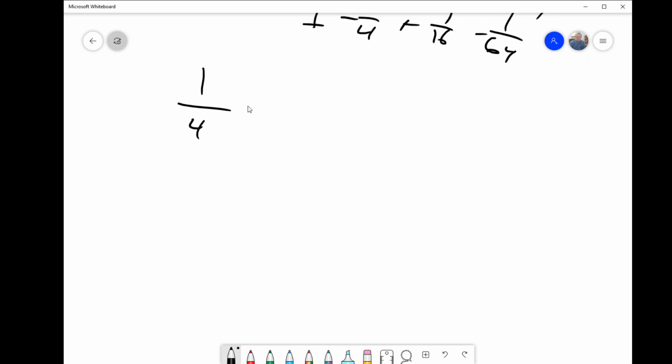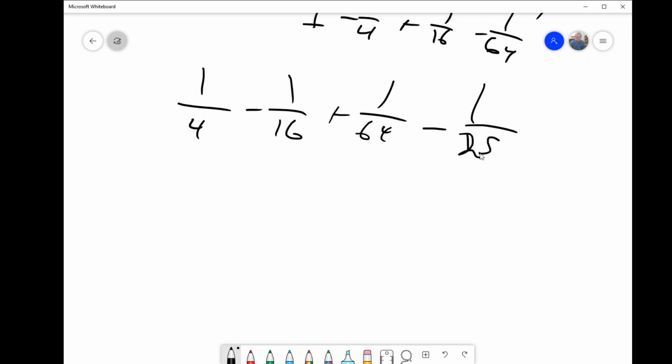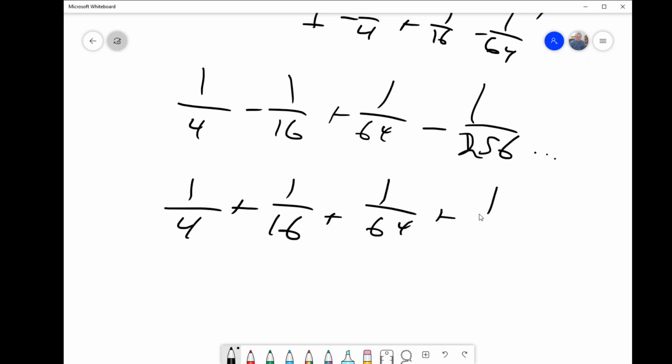So just as a more concrete example, if you do 1/4 minus 1/16 plus 1/64 minus 1/256 in your calculator, compare it to the sums, you will see that every time you add another term, it gets closer and closer to a recognizable fraction. So this is actually going to eventually add up to 1/3.